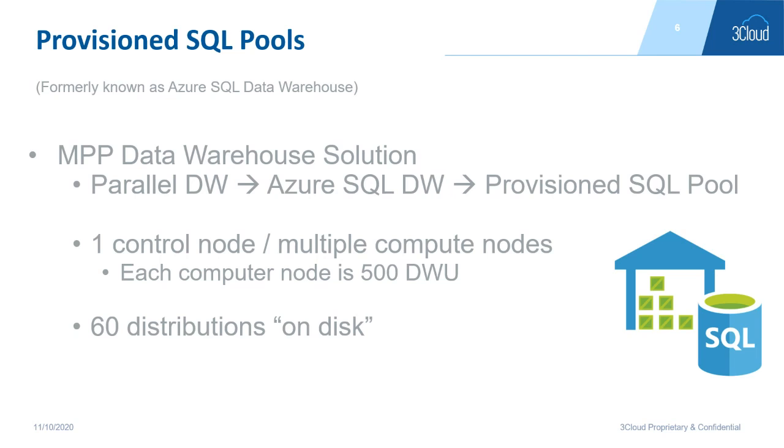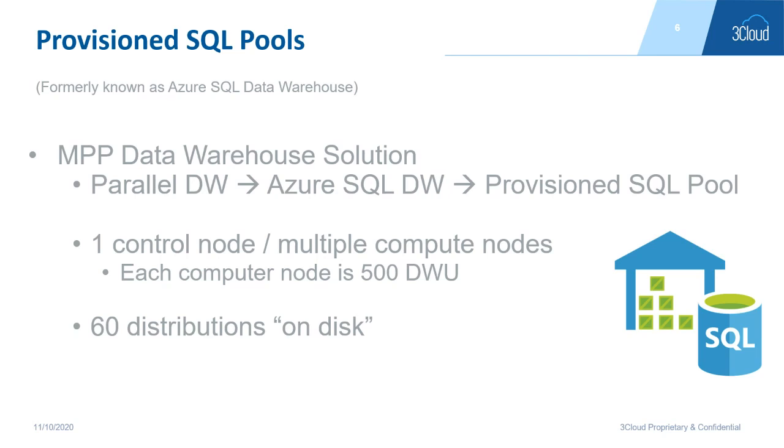As I said, it came out of Parallel Data Warehouse, which used to be an appliance that you had to put in your own data center and run this massively parallel processing data warehouse solution that stores column store indexes. It's the solution for large amounts of data that you want to aggregate, versus a transactional database.